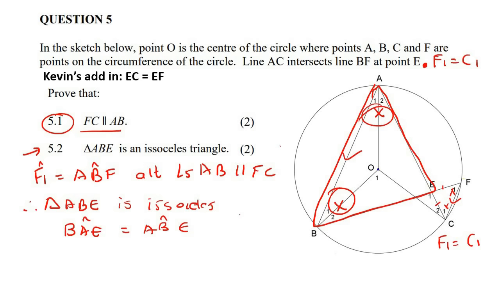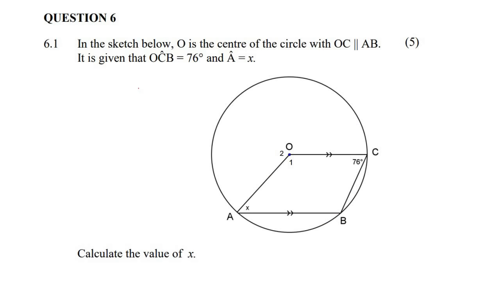It wasn't the best. In the sketch below, O is the center of the circle. It is given that this is 76 and that is AX. Okay, so they've given us everything. It's for 5 marks. Calculate the value of X. The first thing I think we can do is just to use co-interior angles here. So that means angle B would be 180 minus 76.